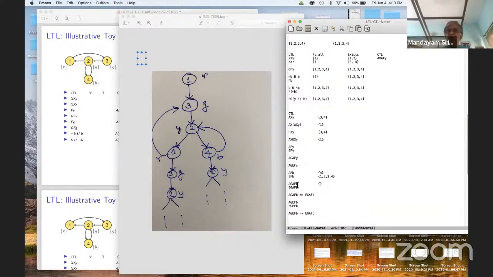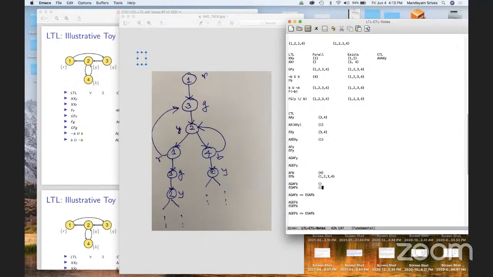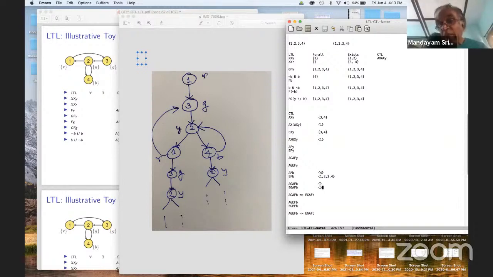So if AG of AF of B is empty, EG of AF of B necessarily will have to be empty, correct? So that must be empty. AG of AF is saying every path from that state, on that every state satisfies AF of B. So if that itself is empty, this has to be empty.